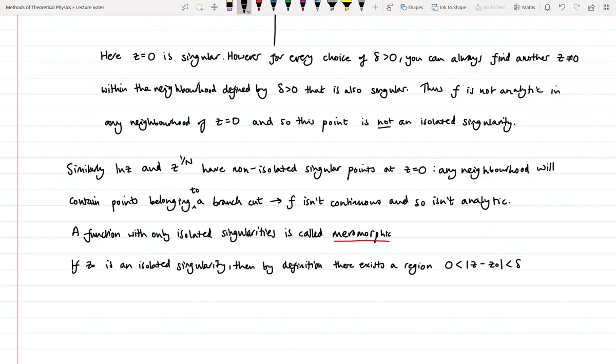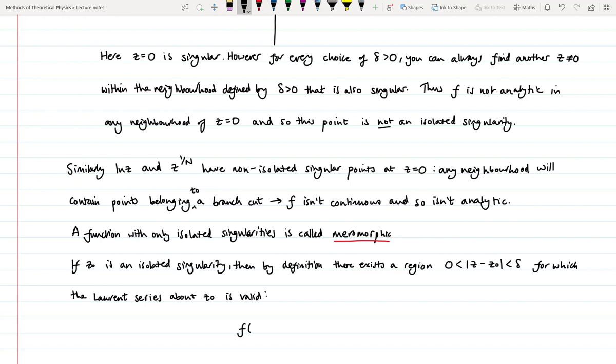That means that by definition there exists a region for which the Laurent series about z0, about the singularity at z0, is valid.